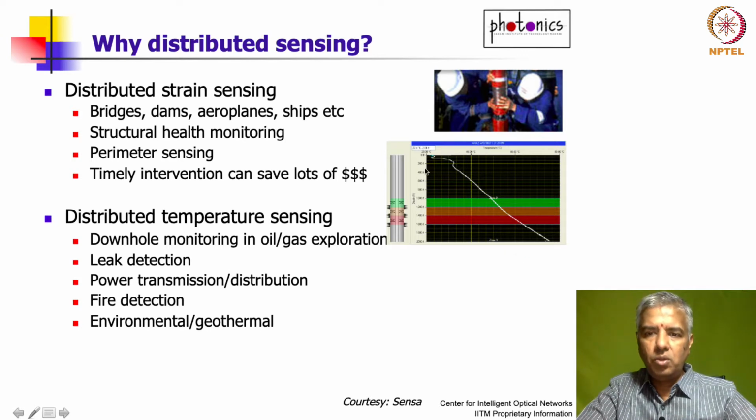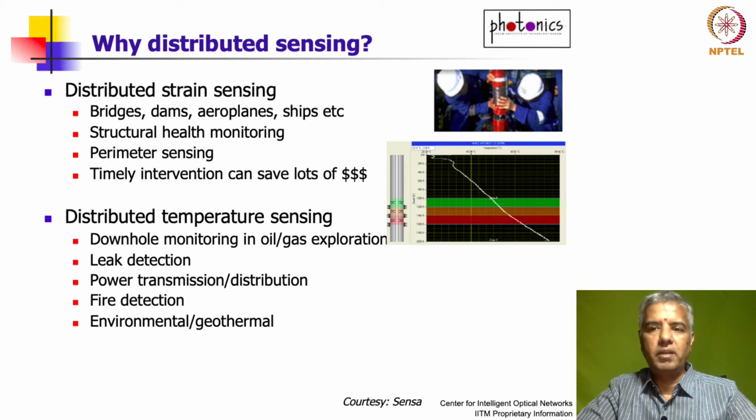So as you go further and further down, you will find that the temperature is increasing, and then beyond a certain point you will find that the temperature is going beyond a certain value, and based on that temperature you can actually figure out what is the level of oil present in that well. Okay, so this is called downhole monitoring, and that's very commonly used in oil and gas exploration.